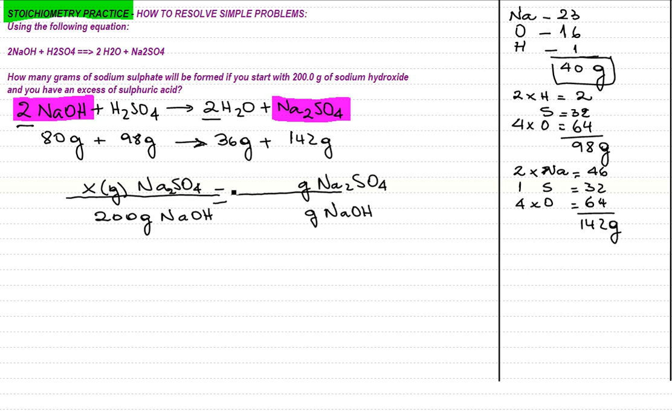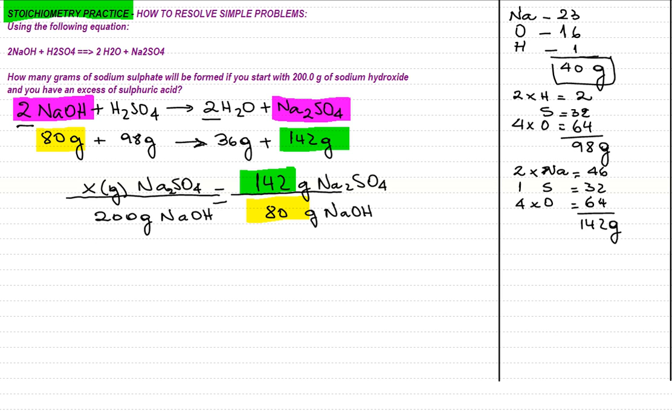Where are we going to get these numbers here and here? Those numbers come from the equation that we have here. We have the 80 grams, which goes here, and we have the 142 grams, which goes here. So we put 142 grams here and 80 grams here.